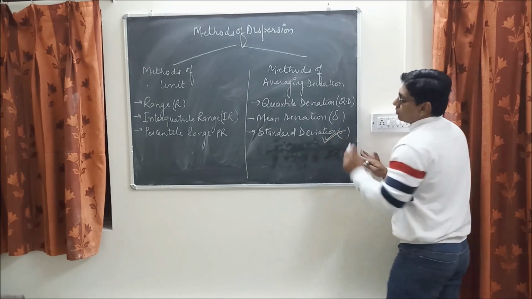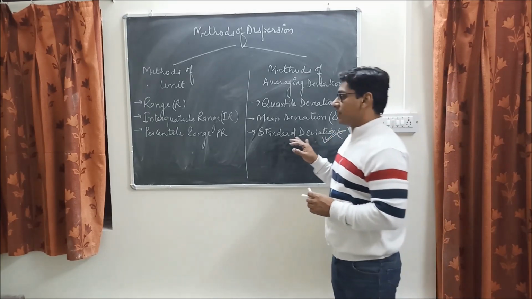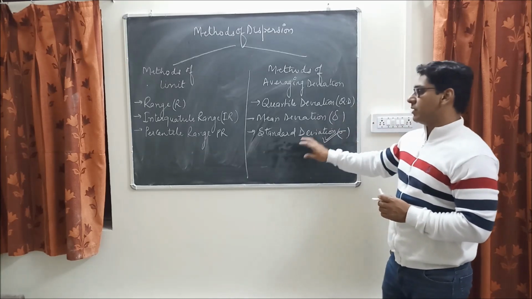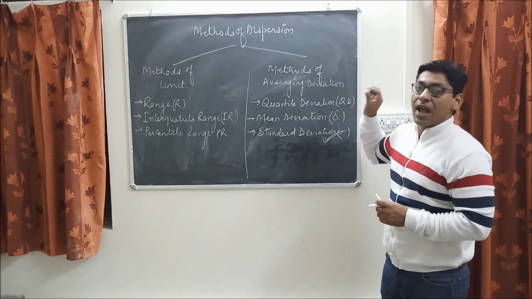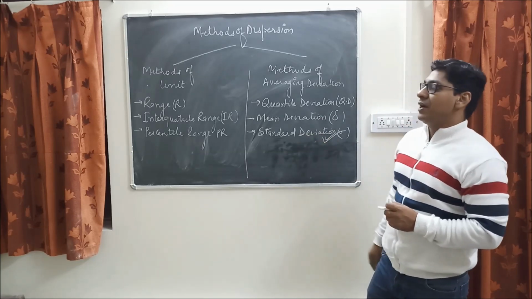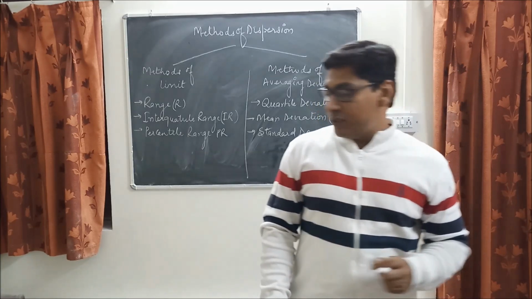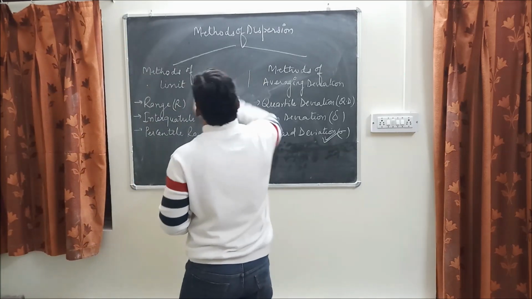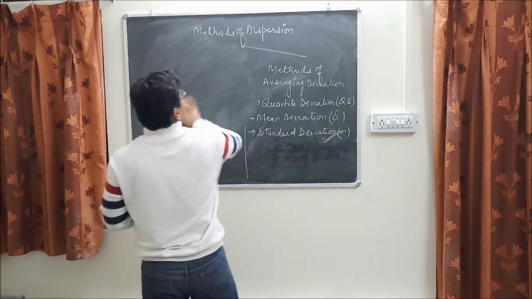It is the most important measure of dispersion, standard deviation. Most used in statistics is standard deviation. Most applicable is standard deviation. Now we see formula of these measures of dispersion.